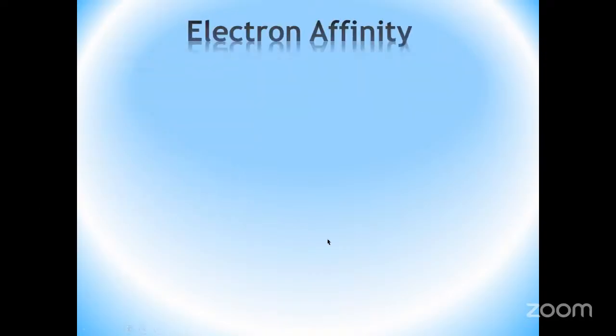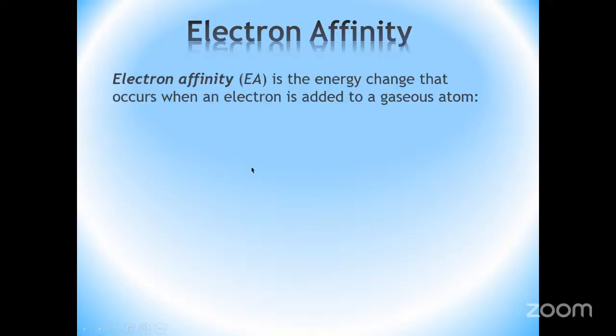Okay, so another property we're going to look at, and we won't even spend much time on this. In fact, I won't even go about explaining this in any great detail. Electron affinity. Let's define what we mean by this term. By definition, electron affinity is the energy change that occurs when an electron is added to a gaseous atom.